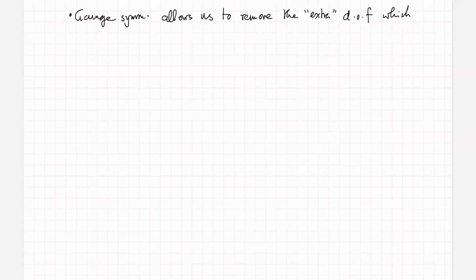Let me summarize again: gauge symmetry allows us to remove the extra degrees of freedom which are unphysical, while maintaining manifest Lorentz symmetry.